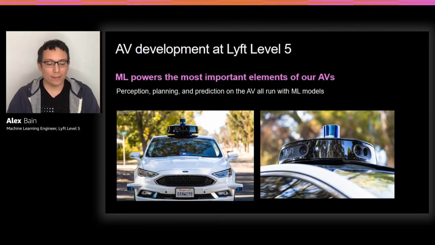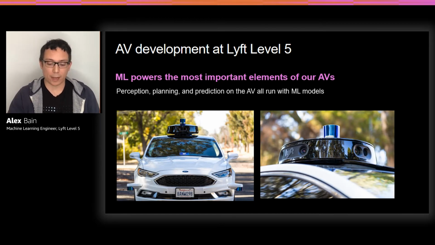So to start off with, I'd like to tell you some about how we use machine learning with our vehicles. Looking at the screenshots, you can see some images of the AVs that we're building. On the lower left, you can see the kind of sensors that are outfitted on the vehicle. So we have sensors below and on top of the car.